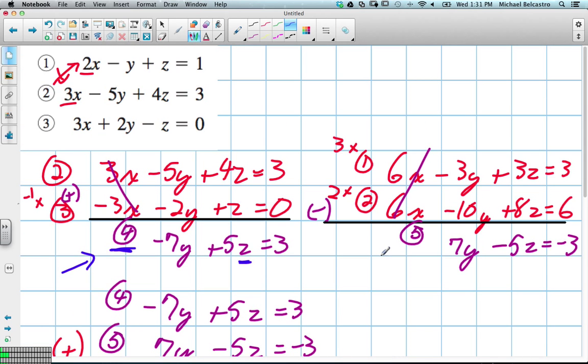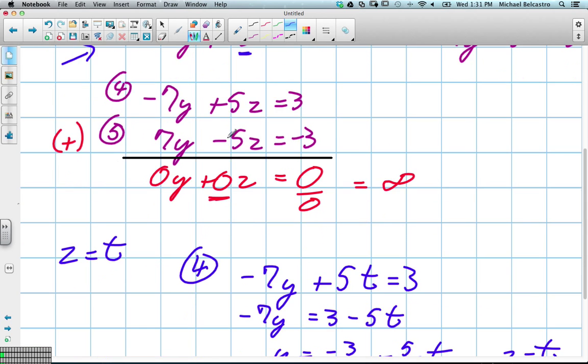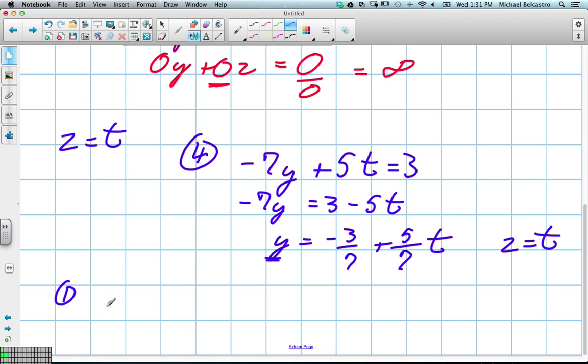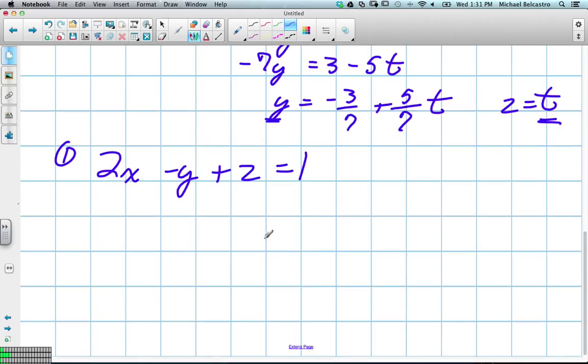Okay. Now we don't have an equation where it's just z and x, so we will have to plug into one of the equations above. Let's plug into 1. 2x minus y plus z equals 1. We have our parameter for z. We know it's going to be t. And we have a value for y.